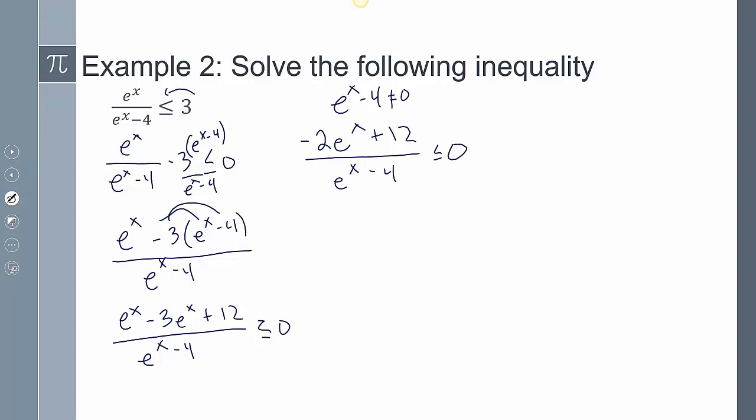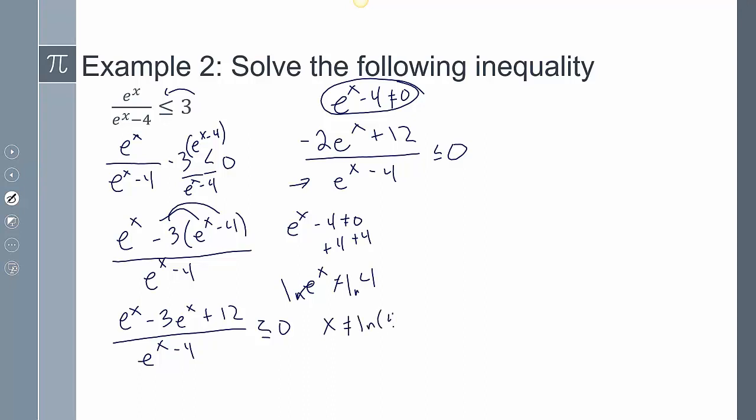Okay, so everything has been combined together. And so remember, we said we need to find the undefined values and we need to find the zeros. Now it just so happens, yay, it worked out. I can make this statement: e to the x minus 4 cannot equal 0. So let's try and find my undefined value first. If I add 4 to both sides, I get e to the x cannot equal 4. Take ln to both sides, x cannot equal ln of 4.